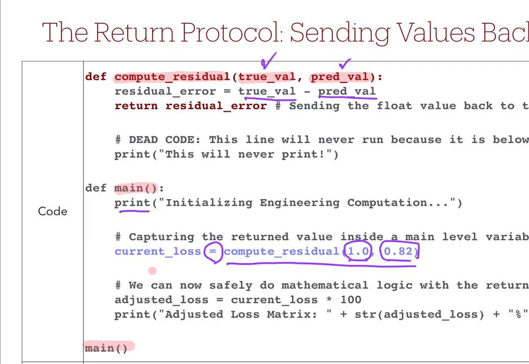The type of the variable will be determined based on the values you provide. So if I provide two float numbers, then true val and print val will be defined as float numbers. So 1.0 and 0.82 are given to those variables, and the difference between these two will define the value of residual error. So residual error is another float variable.